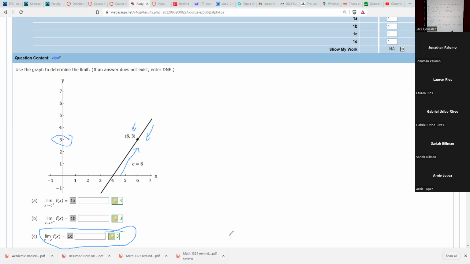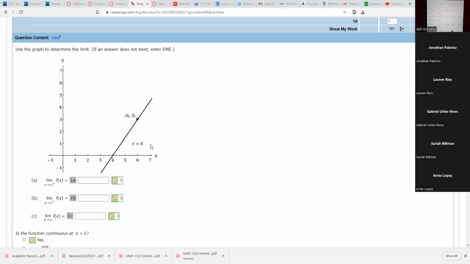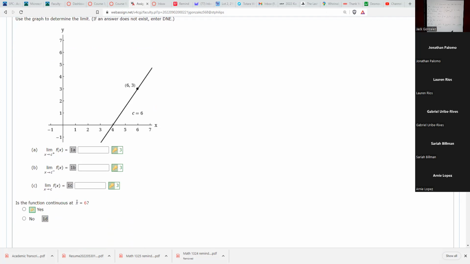Is the limit equal to the functional value? You see what I'm saying? They both have to be 3, or whatever that number is, they have to be the same to satisfy number 3. Since all 3 are good, then we are continuous there. No problem.